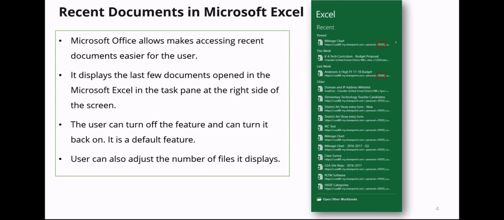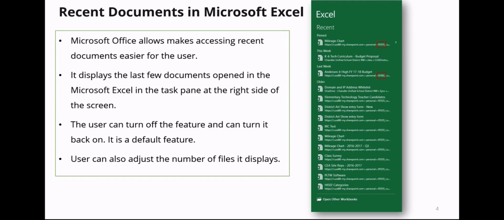One, you already know in which folder it is saved, so you do not have to worry about looking for it and searching for it. Secondly, if you are accessing and opening it frequently, it will already appear in the recent documents. So let's see where recent documents is located.